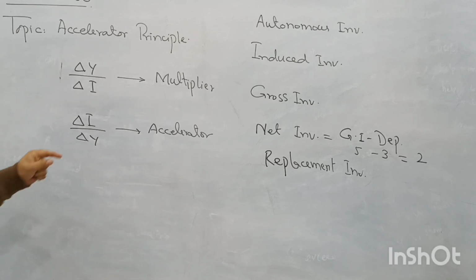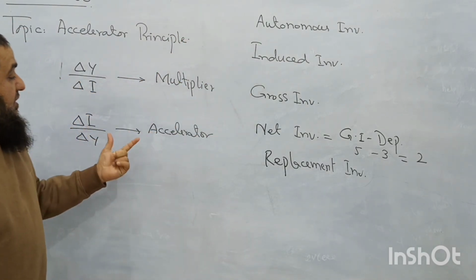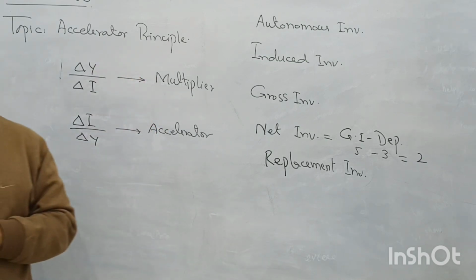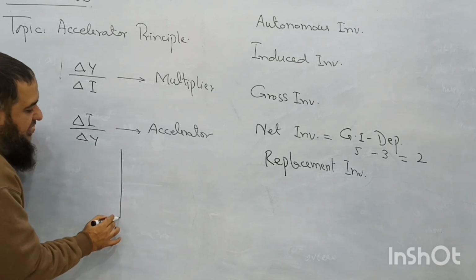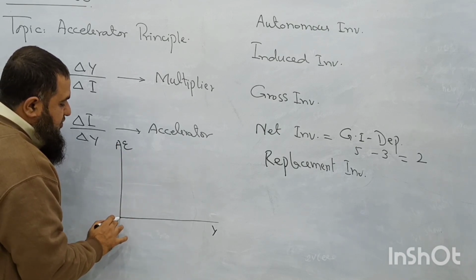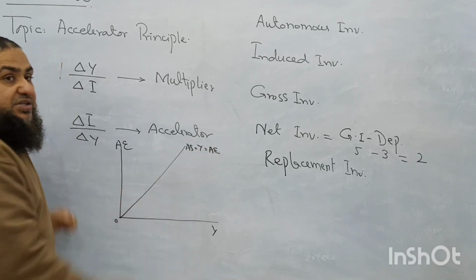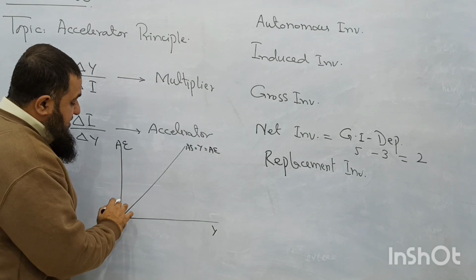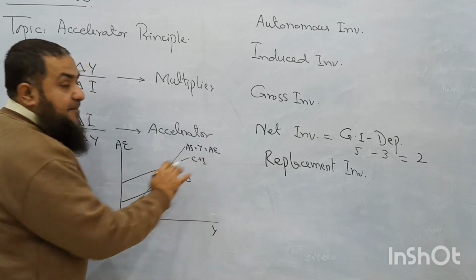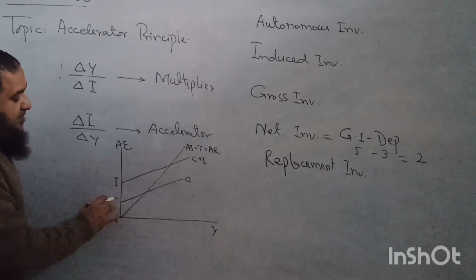Now the accelerator, how can we relate these concepts with accelerator principle? Why did I teach you these things? Actually, we studied in our Keynesian thoughts, this is income, this is aggregate expenditure. So this is aggregate supply, which is equal to Y, that is aggregate expenditure. And we studied this is C line, this is investment, C plus I. This is the investment, consumption.